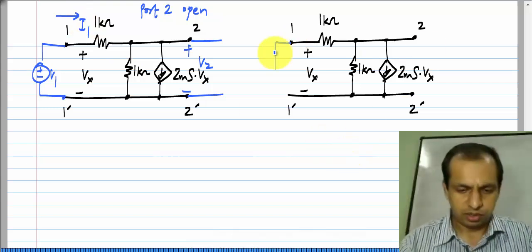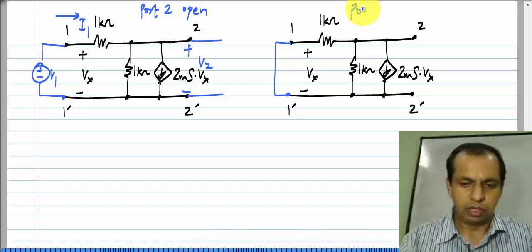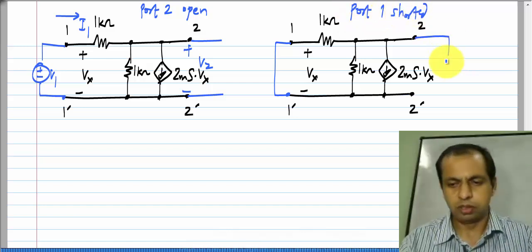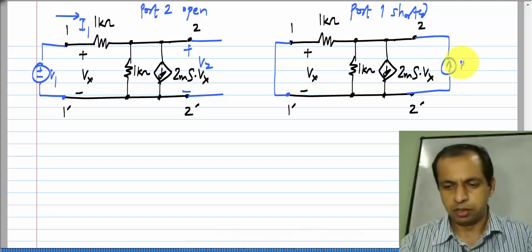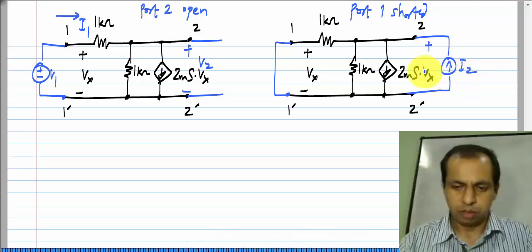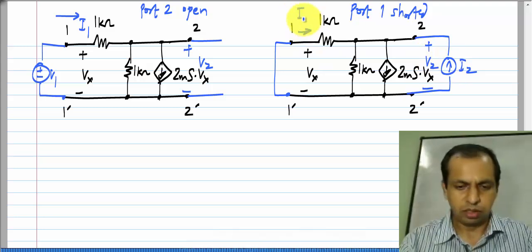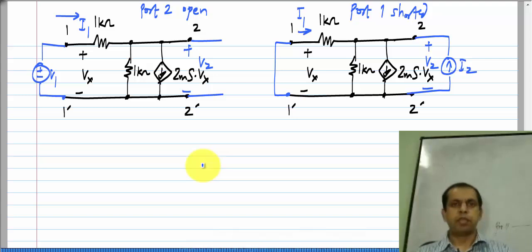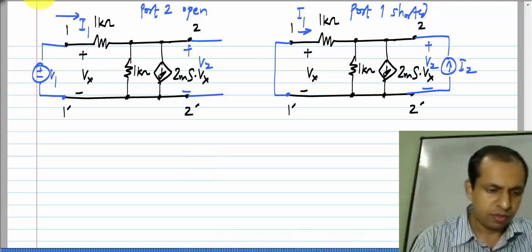In the other case, I have port 1 shorted, I apply I2 and I measure V2 and I1. Okay. And from these I will get all four parameters.